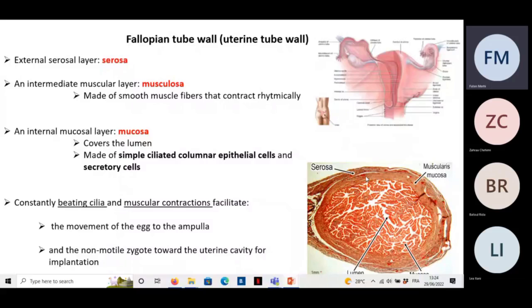Then we have the musculosa, which is a muscular layer made of smooth muscle fibers that contract rhythmically.